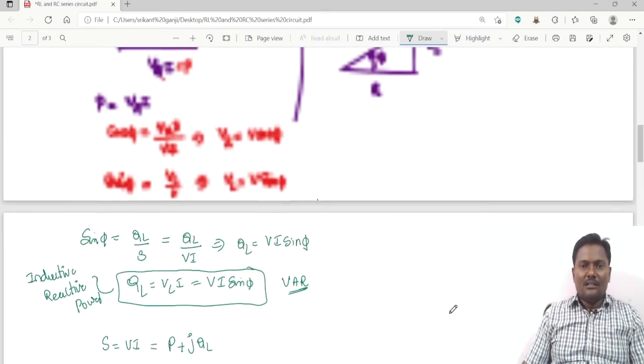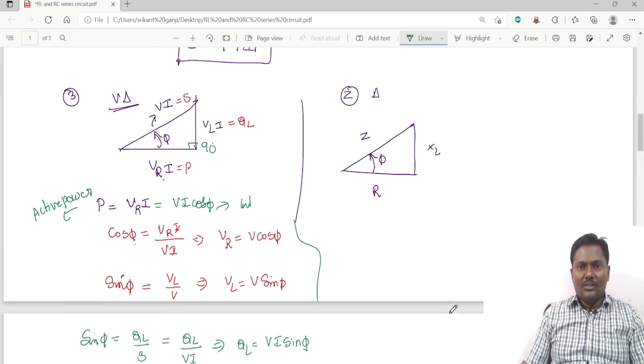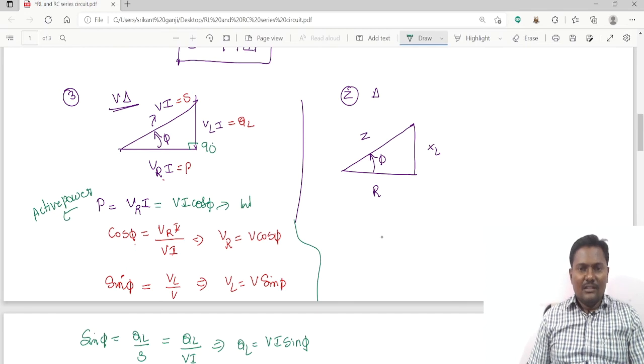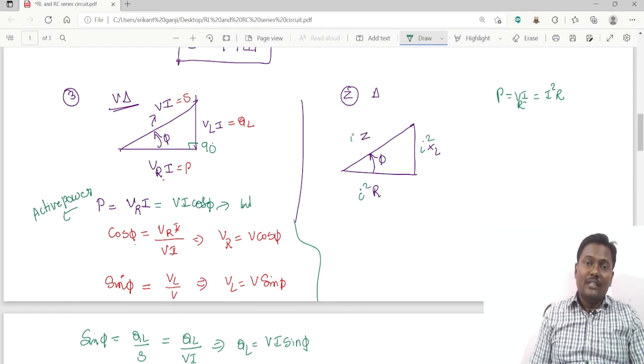By using the impedance triangle we can also derive the active power. Generally power is equal to VI, and VR into I is I square R. So multiply the I square term to the impedance triangle, then I will get the active power, reactive power and apparent power.